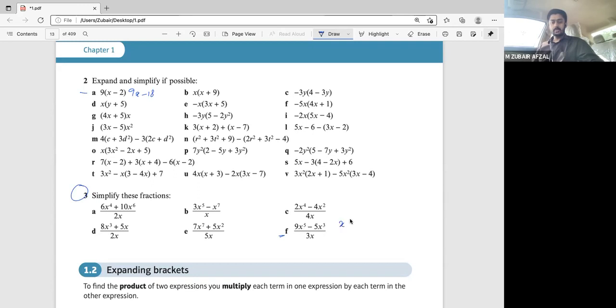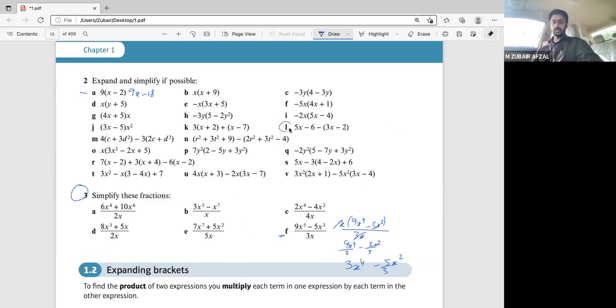I'm left with 9x to the power 4 minus 5x squared by 3x. Cancelling x, and then cancelling 3 with 9, I'm left with 3x^4 minus 5 by 3 x squared.